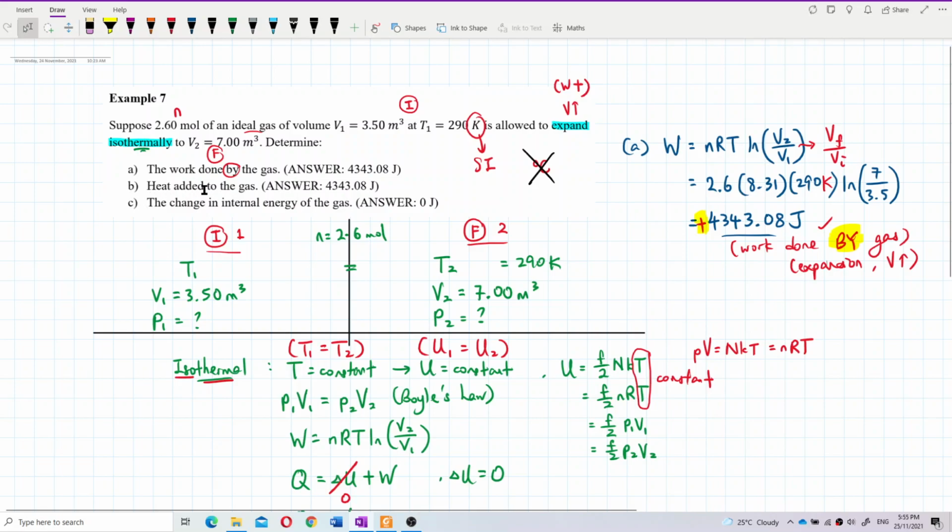Now, heat added. Why is it heat added? Why not heat loss, or heat released?